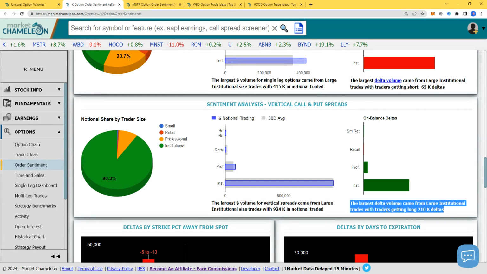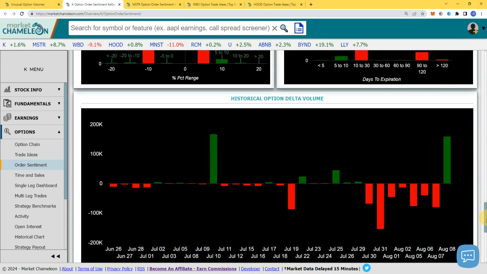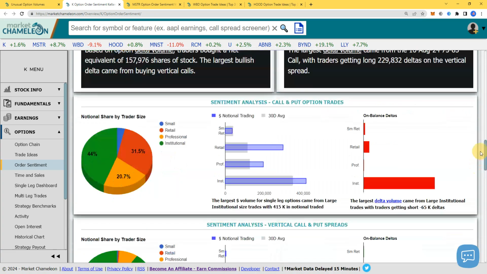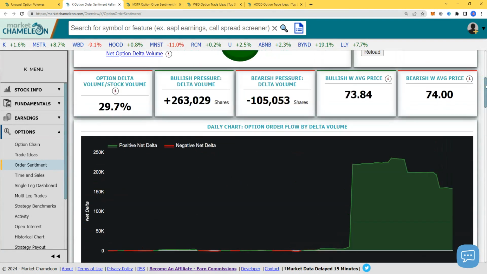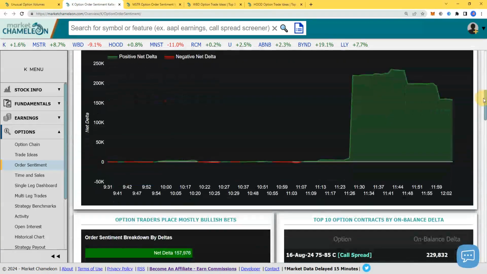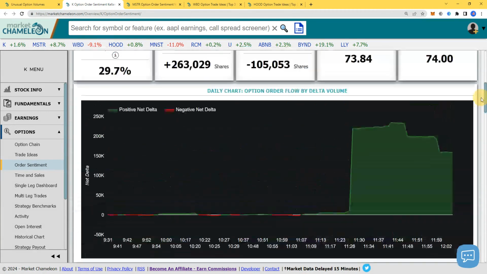Came from a large institution trade getting long 210,000. That's okay, and this is all red for some reason. So they were short, but someone came with this call spread. So if it's good enough for him, the call spread 75, 85, I want to see that. This is very, very interesting. And he spent like 230,000 options.